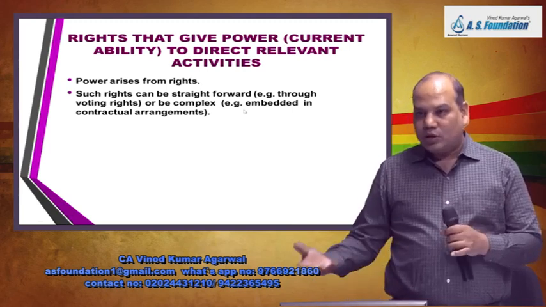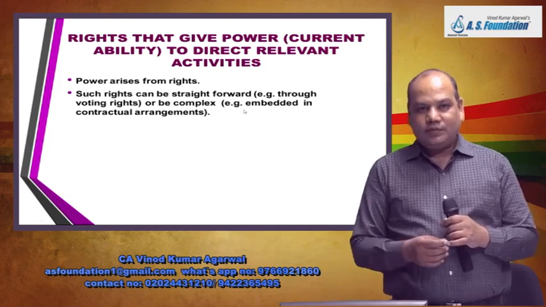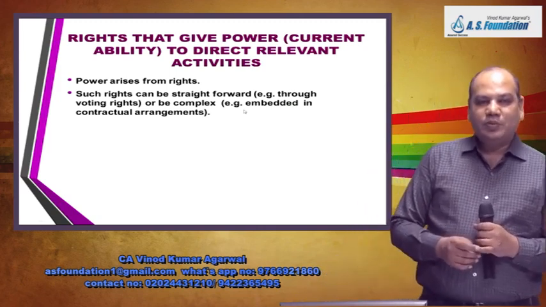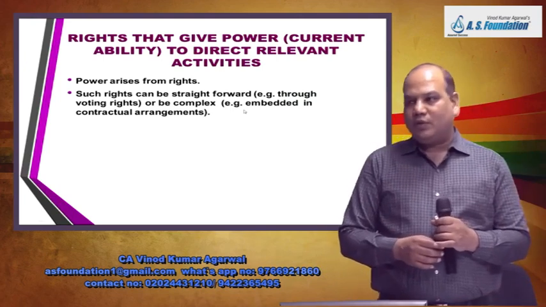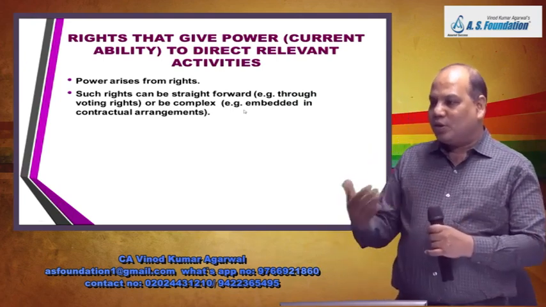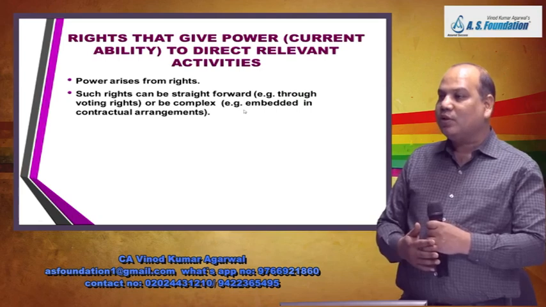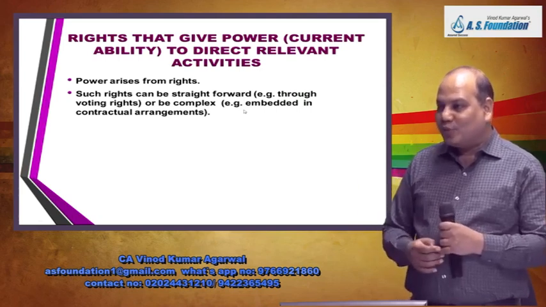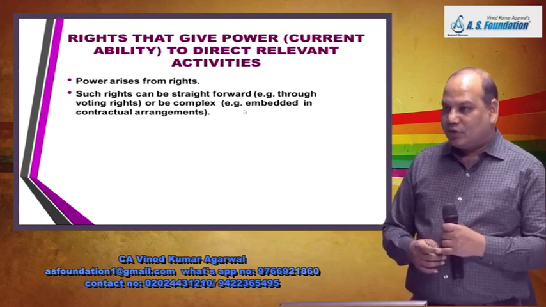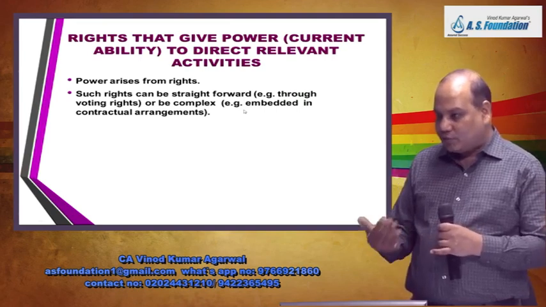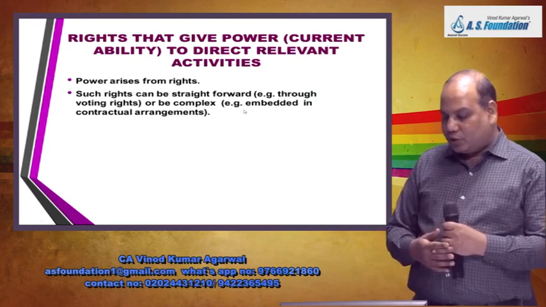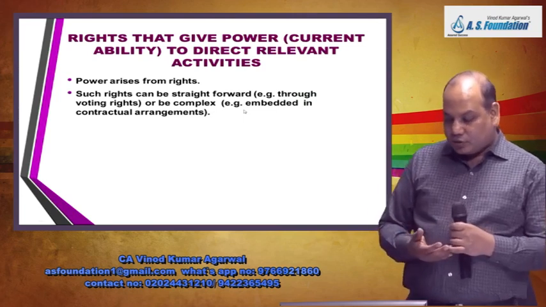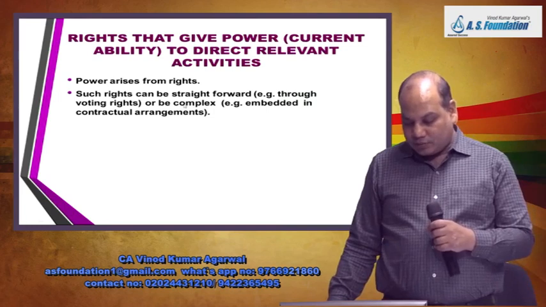So we can calculate how much voting power you have. If you have more than 50% voting power, it means you have almost the control, because you can take all such decisions which require a simple majority. Especially you get the power to appoint the board members. With that 51%, more than 50% share, you can appoint the board members. So then we can say, yes, you have the power.